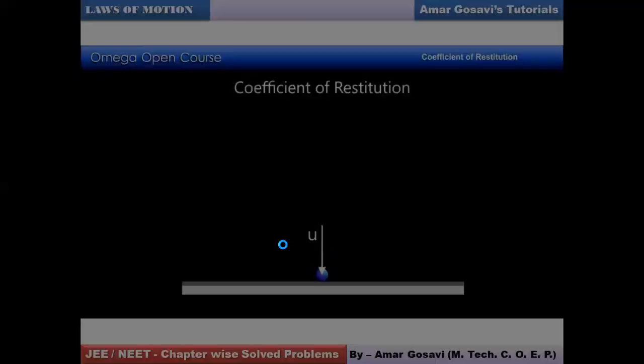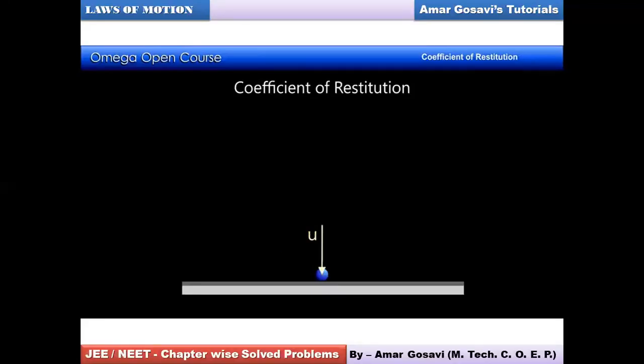Similarly, going to the previous slide, initially when the ball was about to hit, the floor is at rest and the initial velocity is u. So the relative velocity of approach would be u minus 0, which is u, whereas the relative velocity of separation is v.